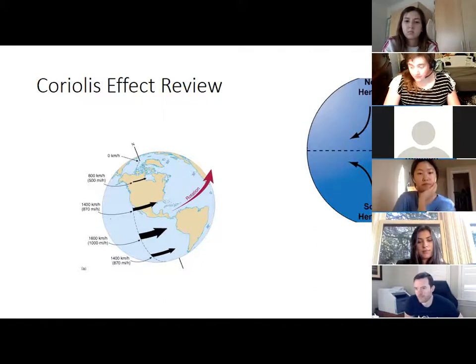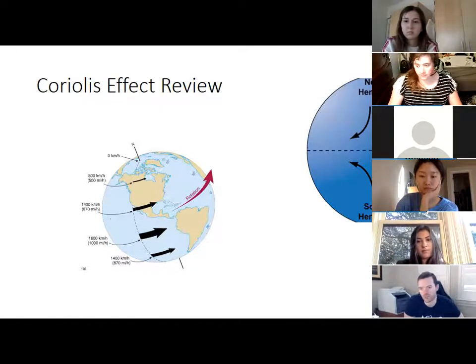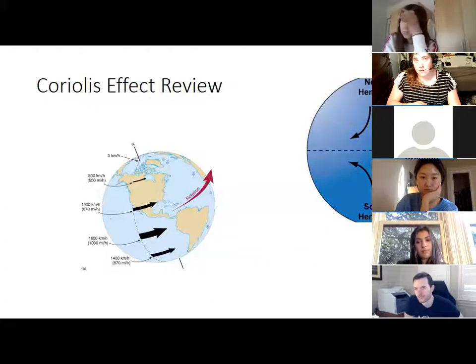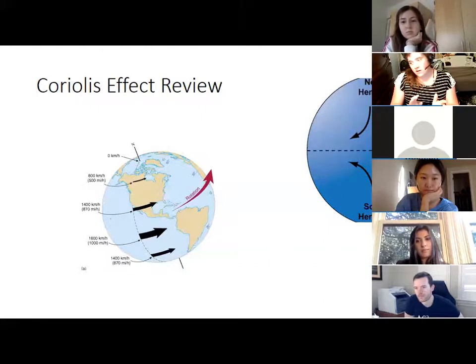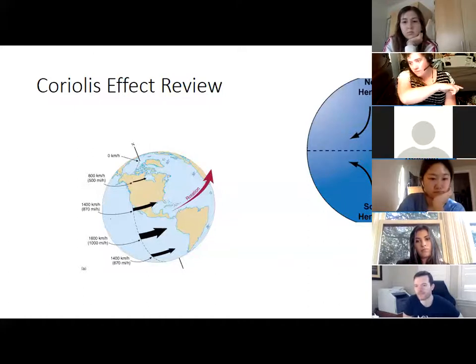That's an excellent point. If I was hunting in Antarctica and shot a bullet, how is the Coriolis effect going to affect that? If that bullet was going to cross multiple latitudes, like if you were standing at the South Pole and shot it towards the equator, it would kind of go west of what you were intending, which is to the left of where you're standing.